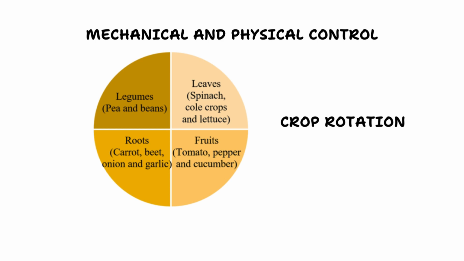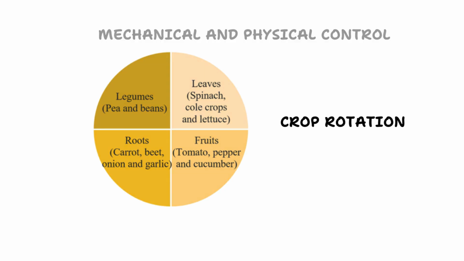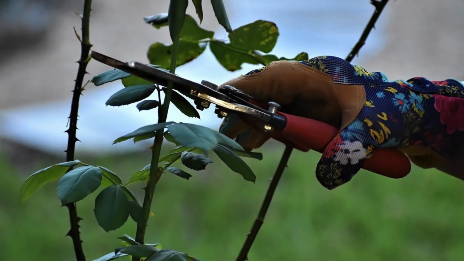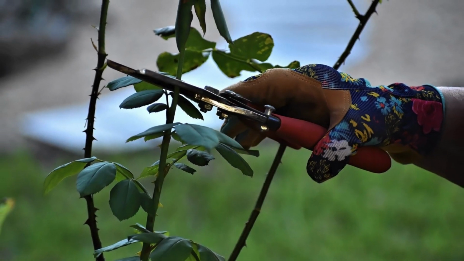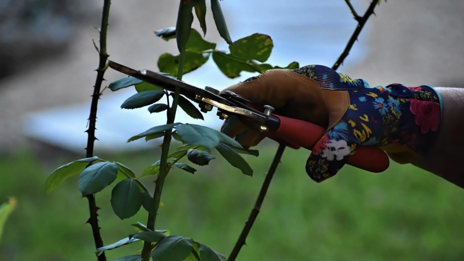By planting non-susceptible crops or those with different growth habits, we are able to create less favorable conditions for powdery mildew development. Pruning, on the other hand, helps improve air circulation within the plant canopies, reducing humidity levels and creating an environment that is less conducive to fungal growth. Pruning also removes infected plant parts, which helps limit the spread of powdery mildew within the crop.